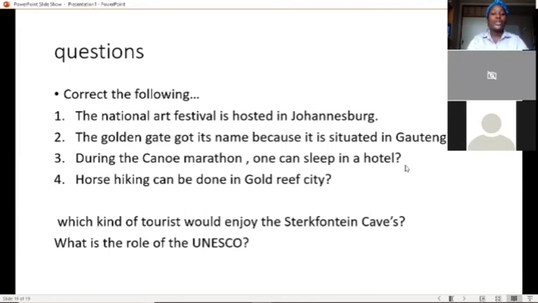Number two, the Golden Gate got its name because it is situated in Gauteng. Anyone? The Golden Gate. I don't think it's situated in Gauteng. Then where is it?